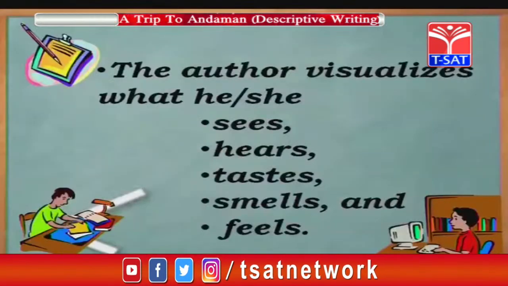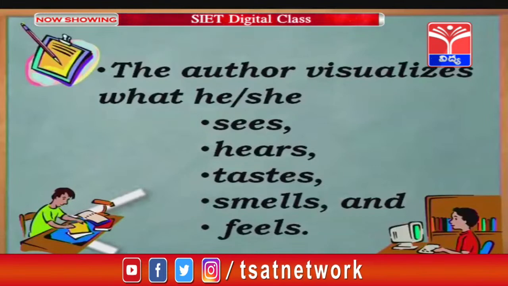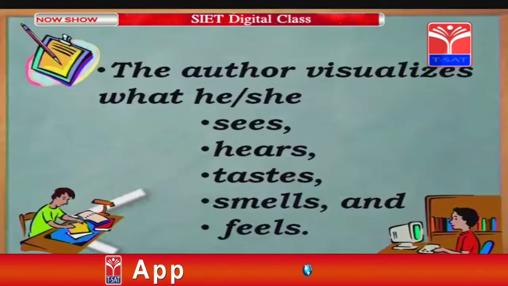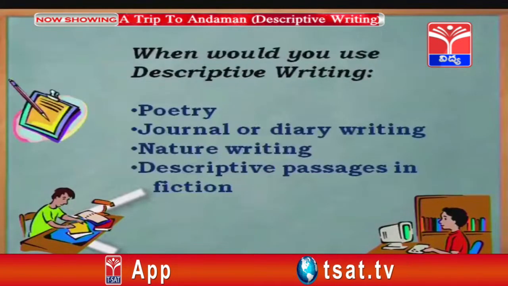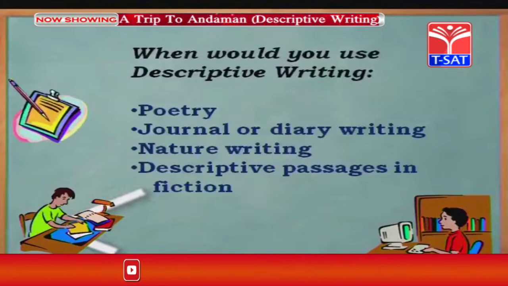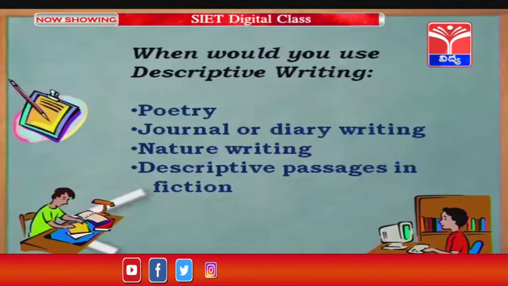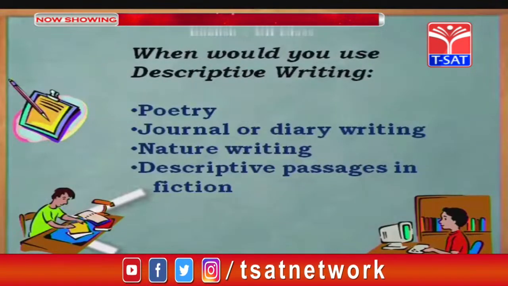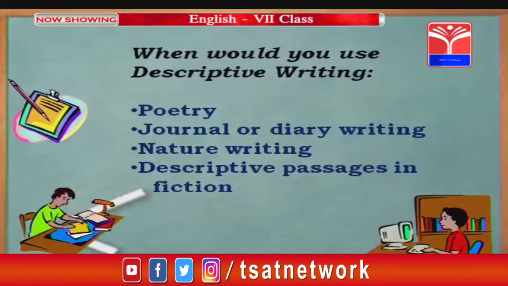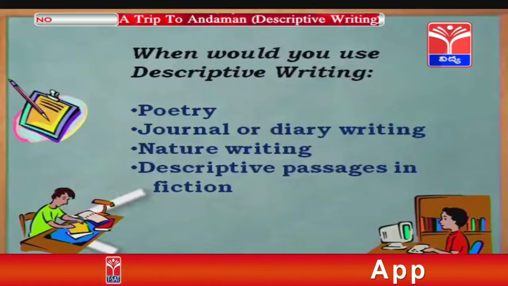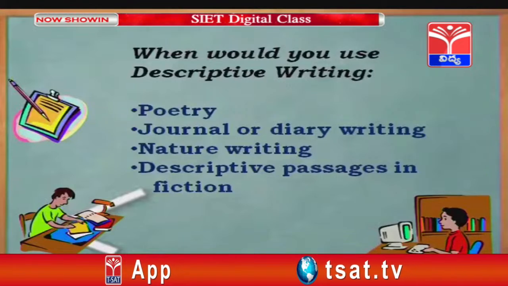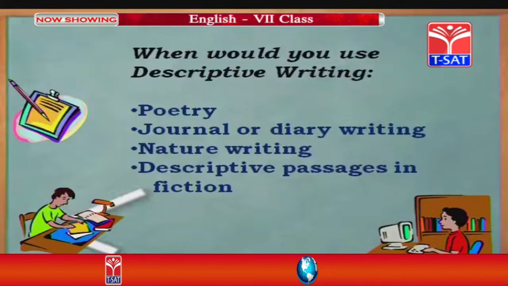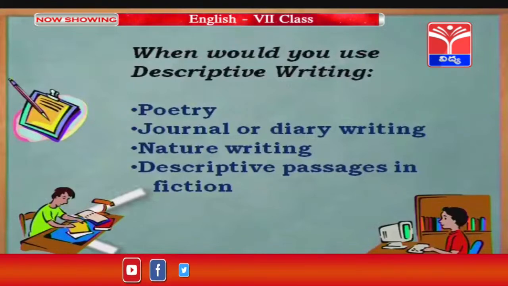Okay. Let us see. The author visualizes what she or he sees, hears, tastes, smells and feels. When would you use descriptive writing? Generally when we write poetry, a journal or diary, when you are describing someone's nature or environment, the scenery you see, and in descriptive passages in fiction like stories.